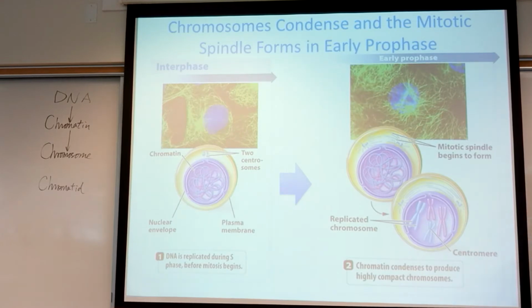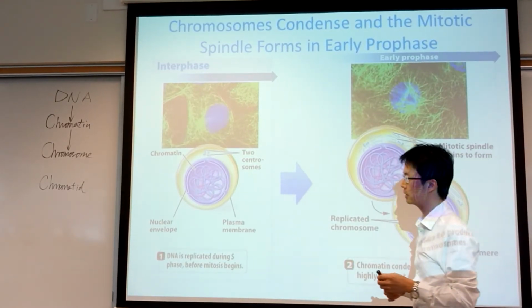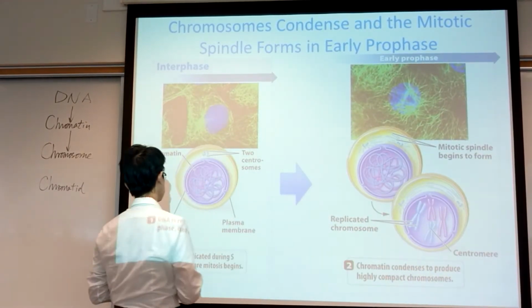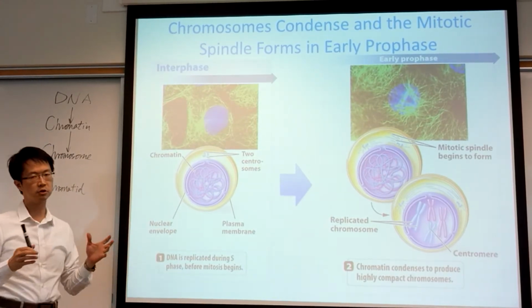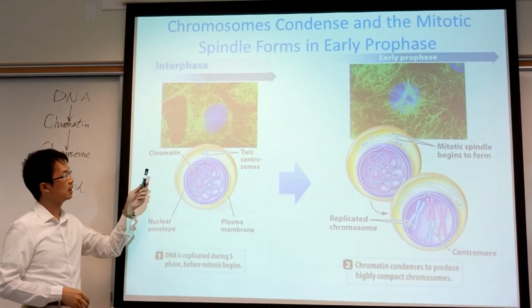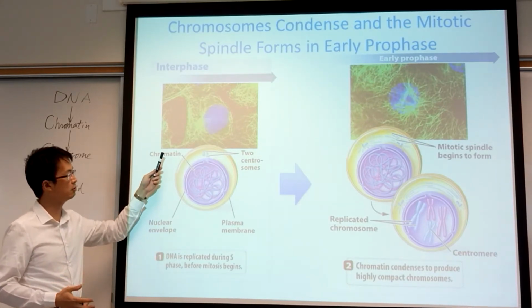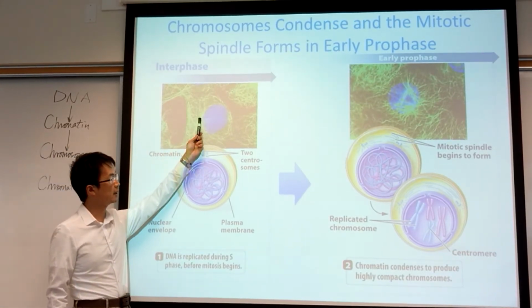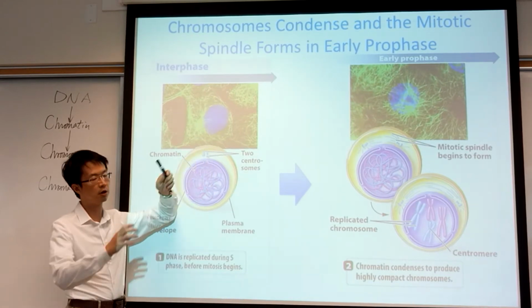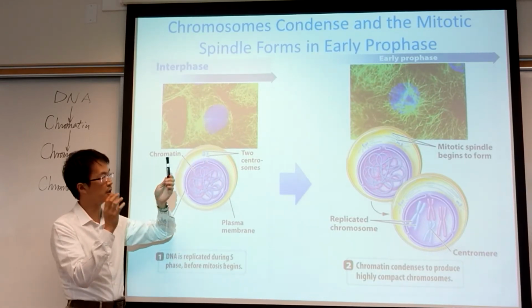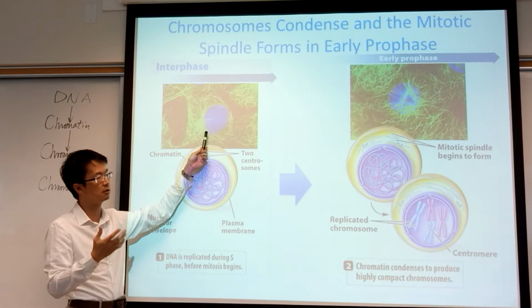So what are the characteristics of interphase? If you look under the microscope, a cell in interphase looks like a regular cell, meaning that you will see a black dot with a very concrete boundary surrounding it. This black dot is the nucleus.